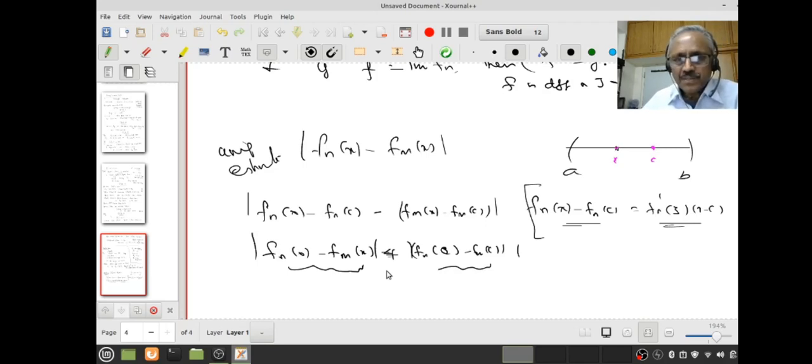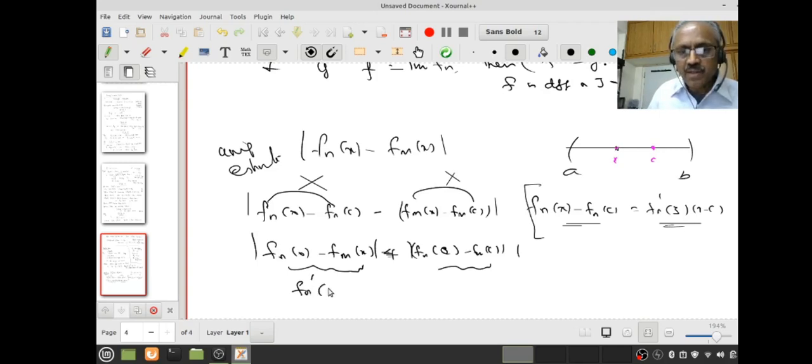Yeah, but the interesting thing is I don't want to apply the mean value theorem to this. That's the crucial thing. Because why? Do you see why? Because if I apply mean value theorem, I will get fn dash of xi.